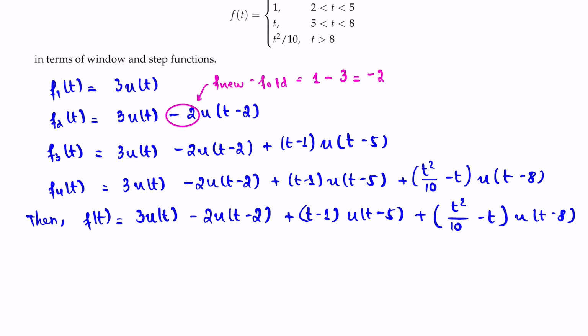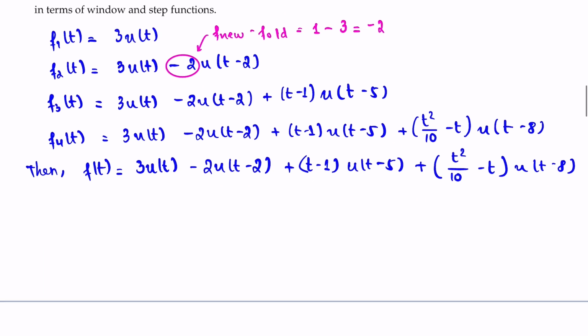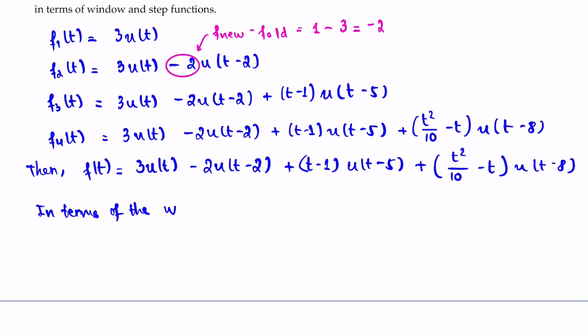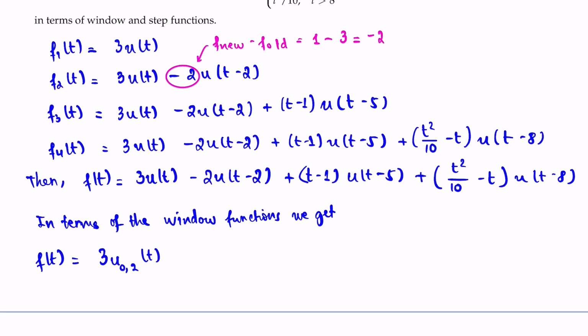Now, in terms of the window functions, it's going to be much similar. Right? So you just take a look at 3, 1, t, t squared over 10, and multiply with the corresponding window functions. Okay. So in terms of the window functions, we get that f of t equals 3 times u sub 0,2 of t. Okay, to represent the first interval because you always start at 0. Again, the idea is that you are dealing with the time interval, so time is greater than or equal to 0.